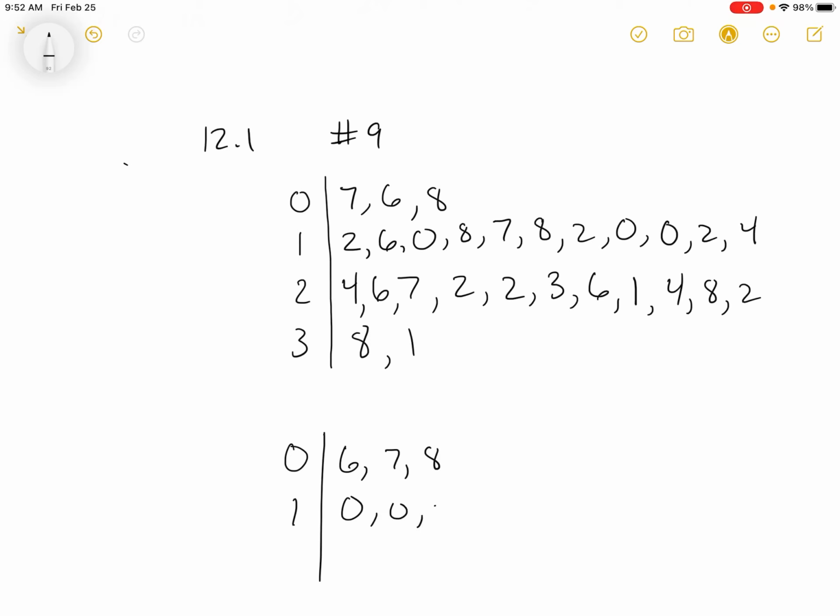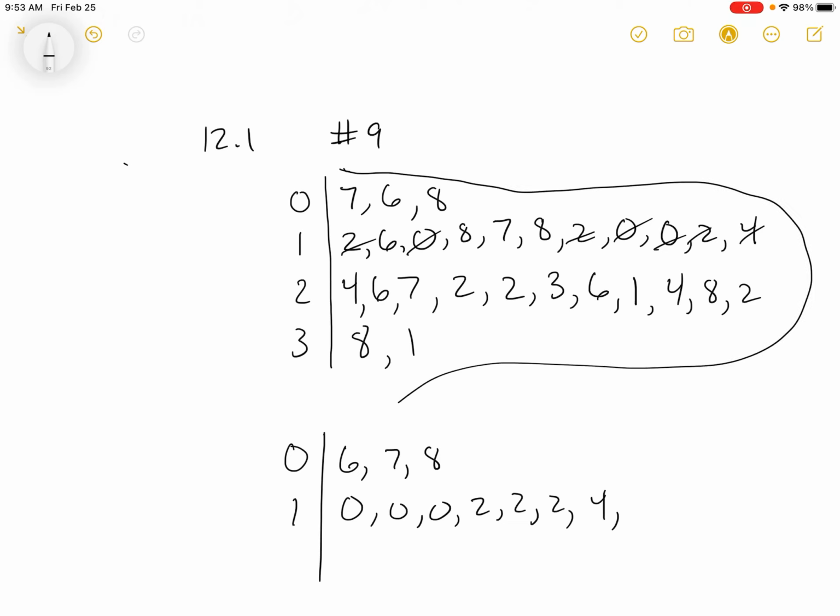So I got rid of these 3 zeros and no 1s, but there's some 2s. 1, 2, 3 2s. And you just be very methodical. I don't think you have to do this. Most books don't, because what you want out of this is a good picture of the distribution of the data that also keeps track of the numbers.